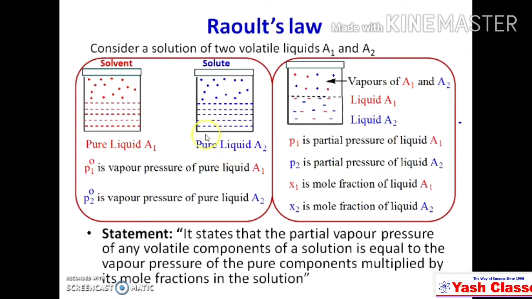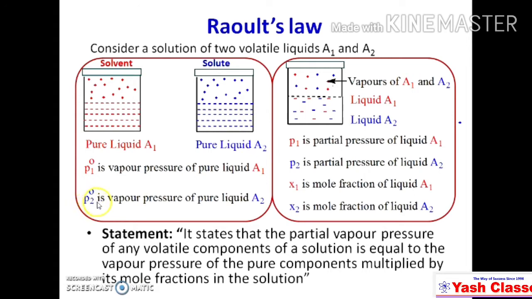Similarly for the other liquid, A2, which is also a volatile liquid, when it is kept in another container of the same volume, at dynamic equilibrium its vapor molecules exert pressure on the surface, that is the vapor pressure of pure liquid A2.